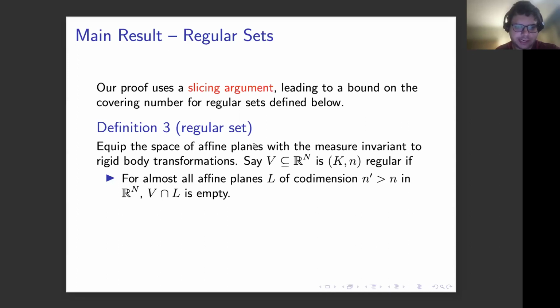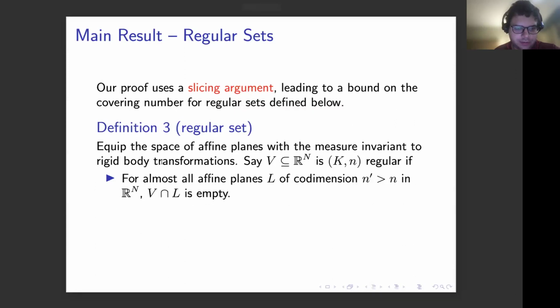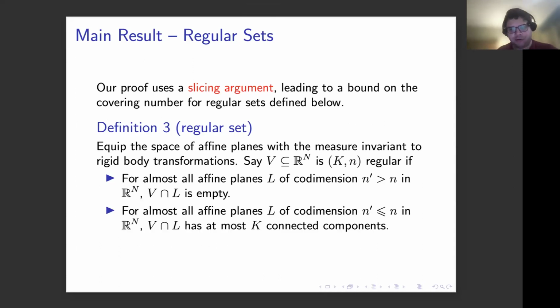So there's a natural measure here on affine planes, invariant with respect to rigid body transformations of the planes. And the other condition involving capital K is that for almost all affine planes that should be meeting V, so that is their codimension is less than or equal to little n, the intersection V intersect L has at most K connected components.